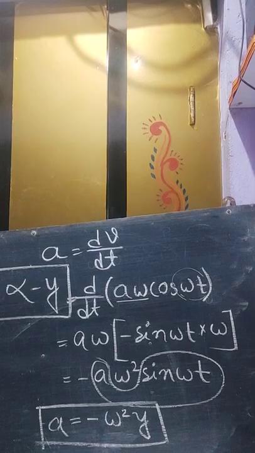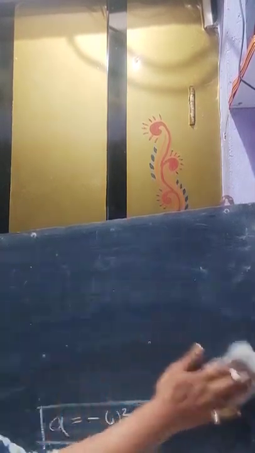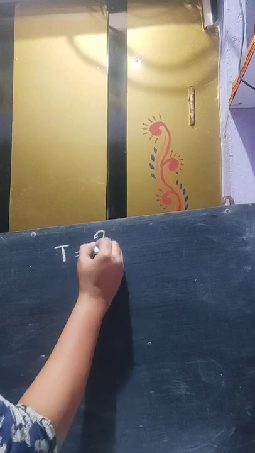Next, I am going to the periodic time of SHM. Already, I have discussed that, so let us discuss it once more. Basically, the discussion will depend on the terms of acceleration and velocity. We all know that the time period T is defined as 2 pi by omega.